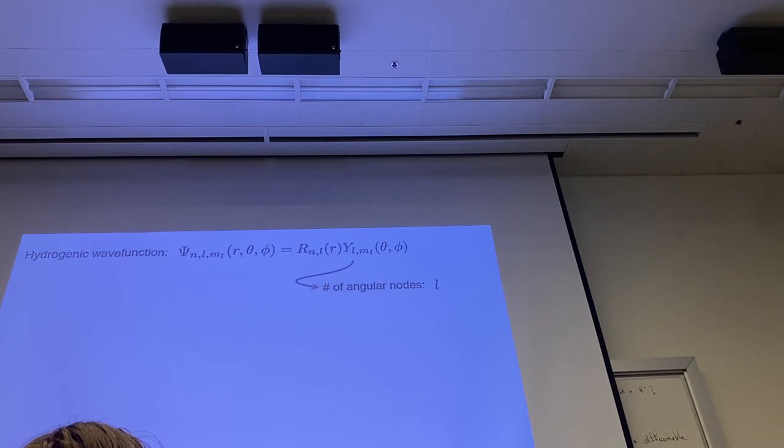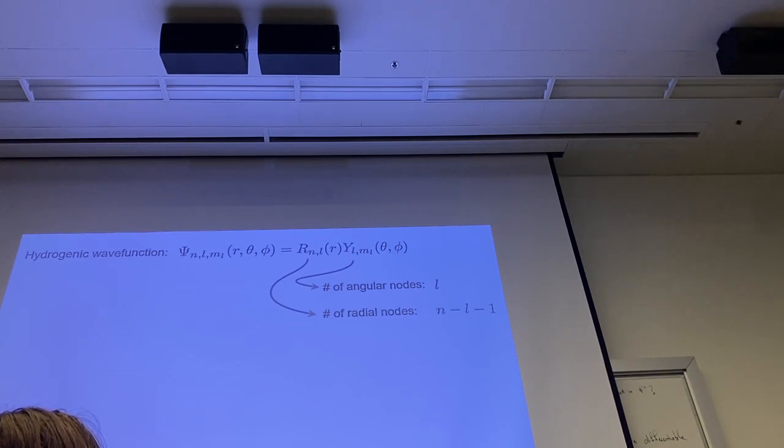F orbitals, 3 angular nodes. The number of nodes along the radial coordinate depends on n and also on L. It's n minus L minus 1. That is the number of radial nodes, the number of times you hit 0 for the wave function along the radial coordinate.